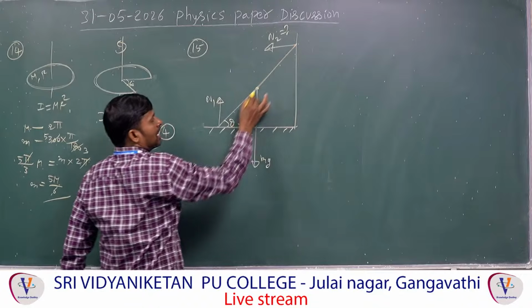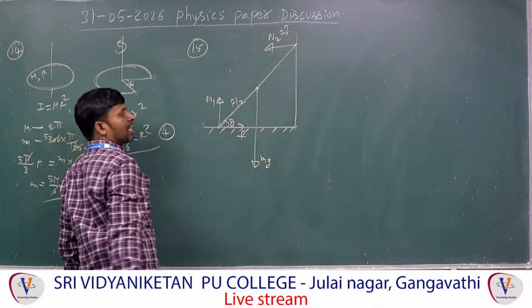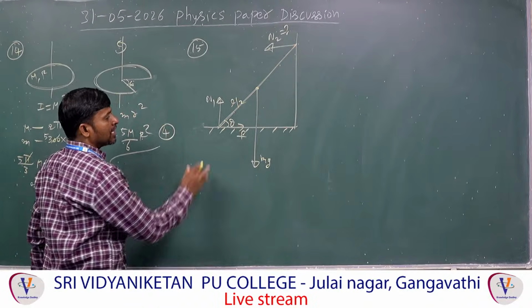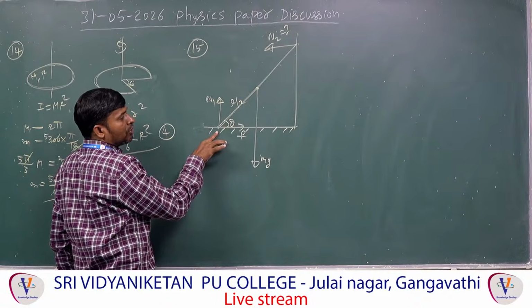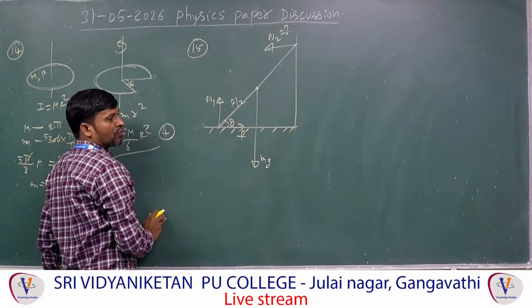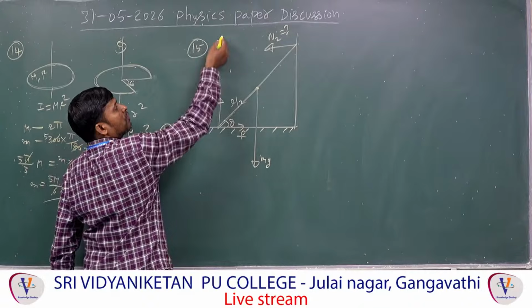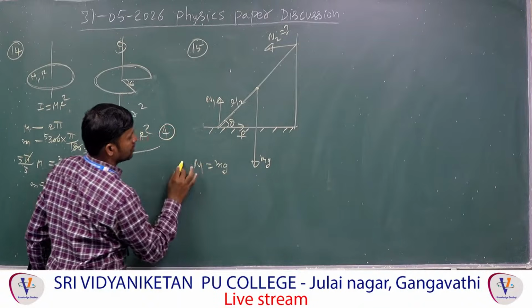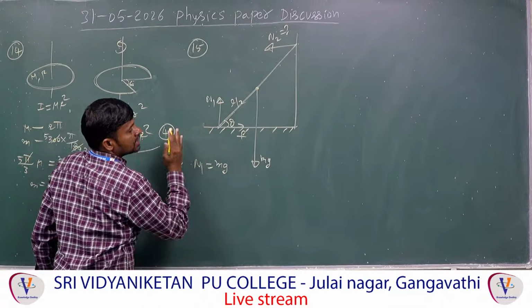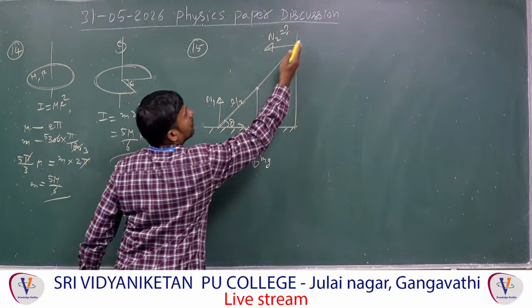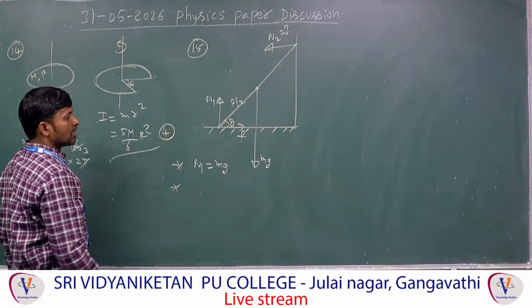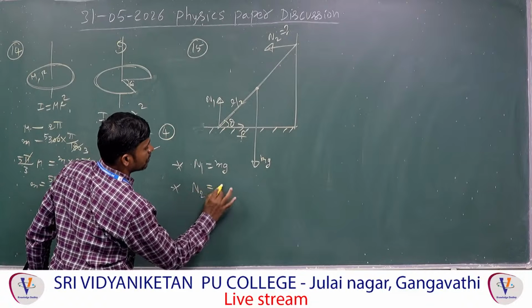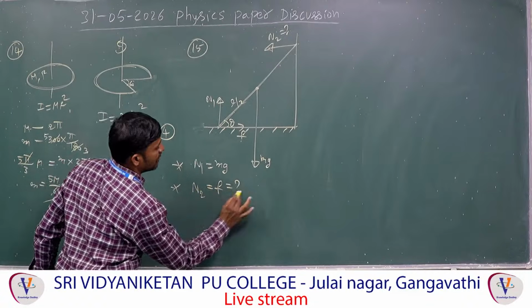The total length is L, so the center of mass is at L by 2. Apply the torque. At equilibrium, upward force and downward force are equal. Upward force is N1, weight is mg, so N1 is equal to mg. Right side force is F, left side force is N2, so N2 is equal to F.